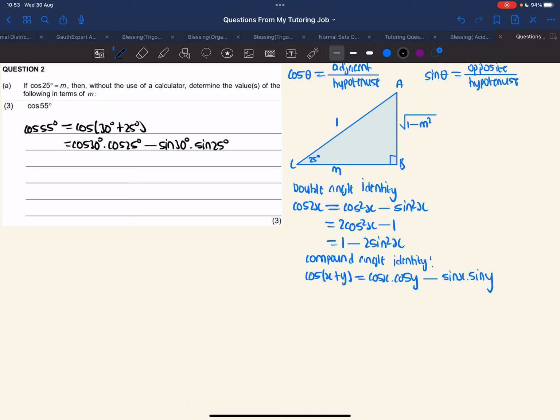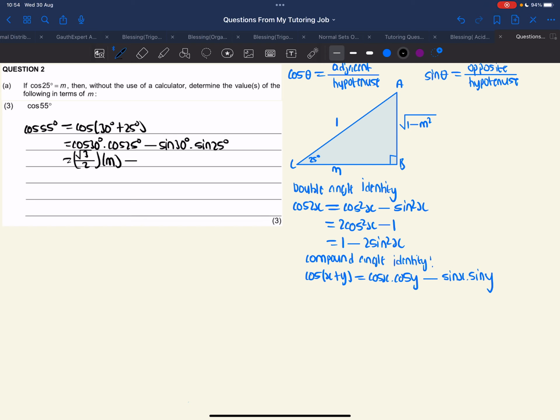Now, to find the special angles of 30 degrees, you can either use a Cartesian plane or use those triangles. But if you know them, the special angle cos 30 degrees is square root 3 over 2. Now remember, cos of 25 degrees is m, so that is m.